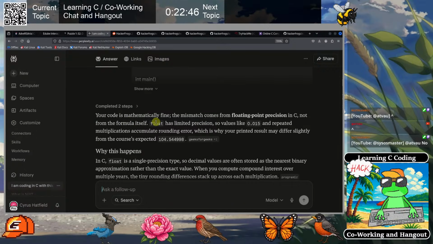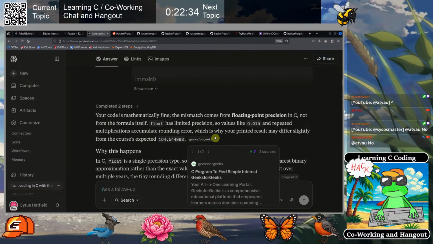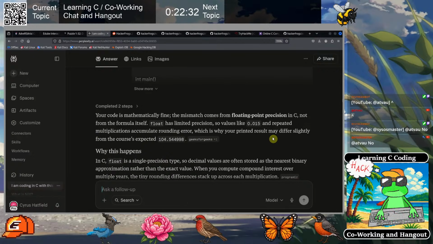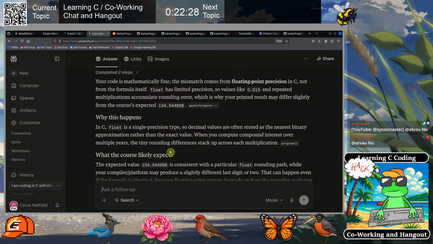The code is mathematically fine. The mismatch comes from the floating point precision in C, not from the formula itself. Float has limited precision, so values like this, repeated multiplication, accumulate rounding errors, which is why your printed result may differ slightly from the course's expected result. So in C, float is a single precision type, so decimal values are often stored as the nearest binary approximation instead of the exact value.